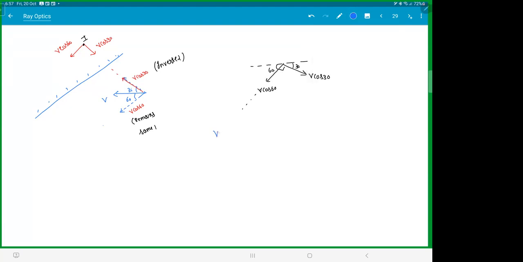Now take the components. So the velocity of the image will be v cos 30 times cos 30 minus v cos 60 times cos 60, I cap, minus v cos 30 sin 30 plus v cos 60 sin 60, j cap.